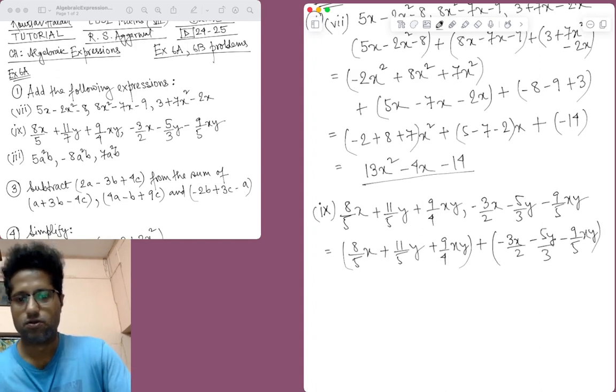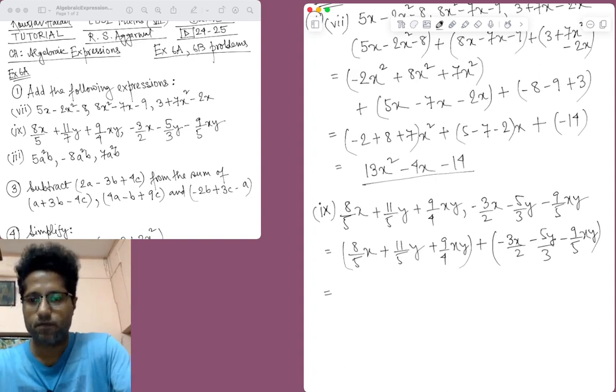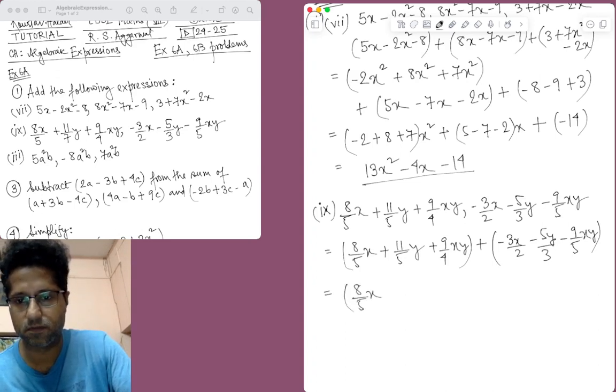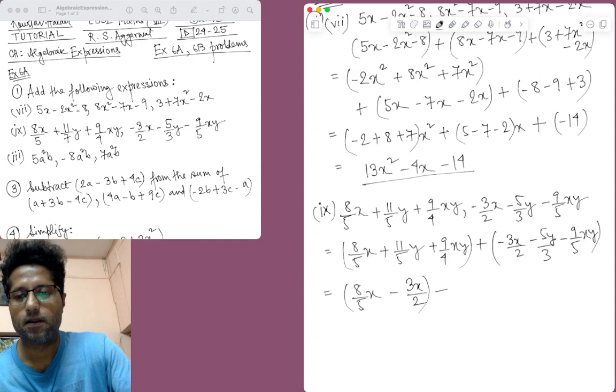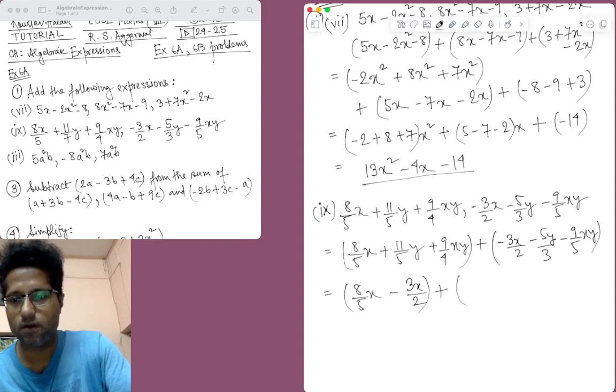So let's first collect all the like terms with the common literal coefficient of x. So from the first expression we get 8 by 5x, from the second expression we get minus 3x by 2. And let's collect the like terms with the literal coefficient of y.